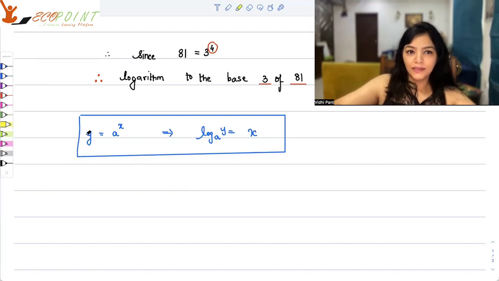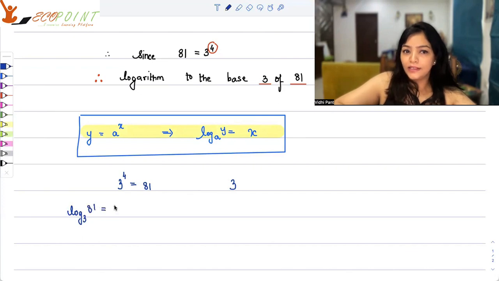Now, since this is what logarithm means, I'll make you guys understand it with an example. So 3 to the power 4 is equal to 81. We know that log base 3 of 81 is equal to 4.